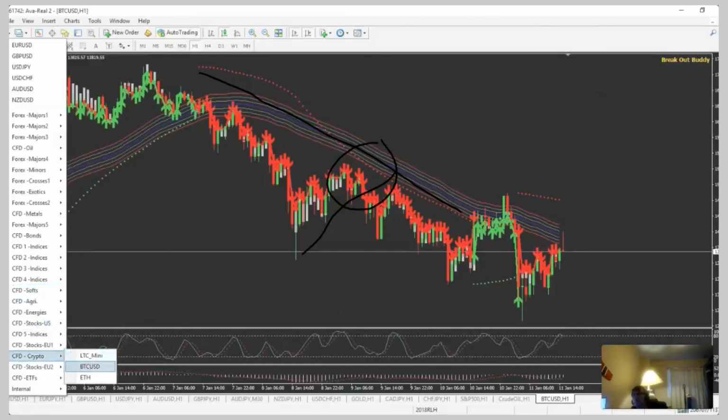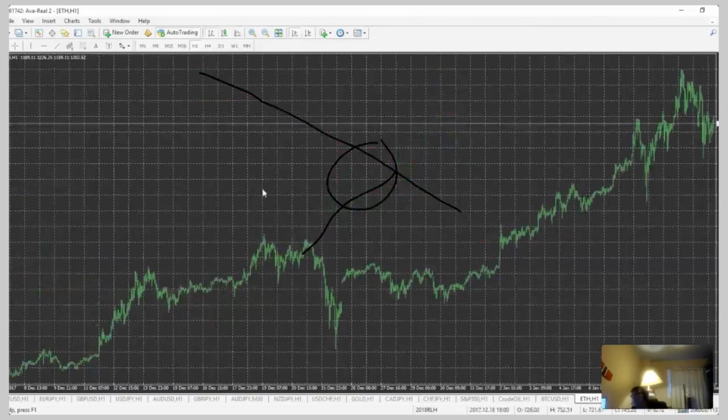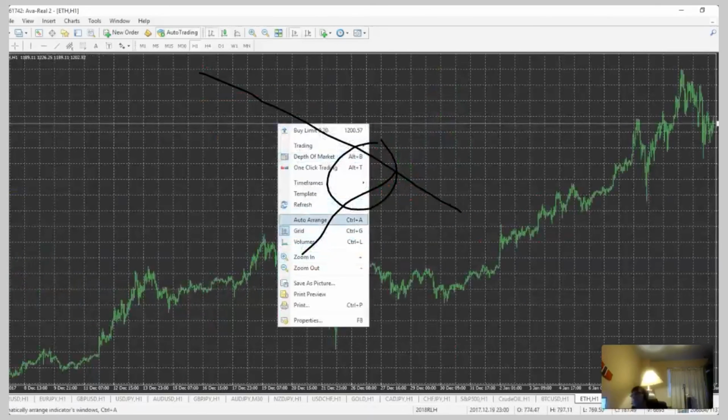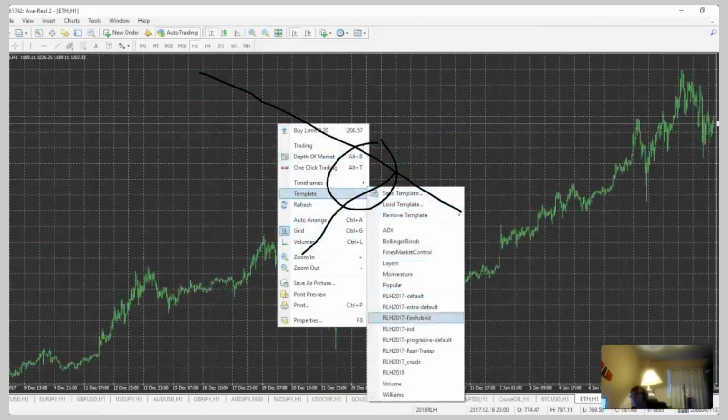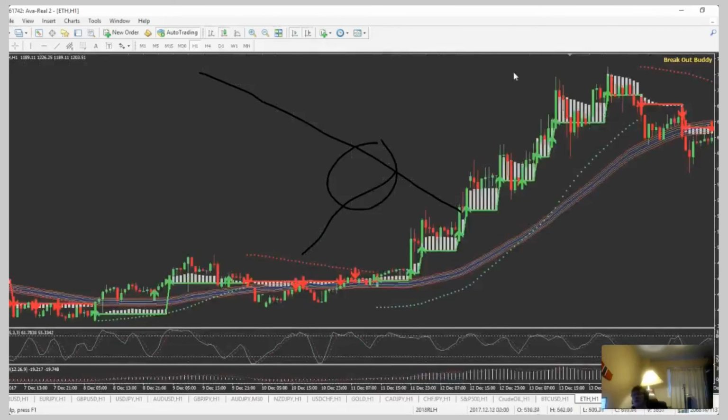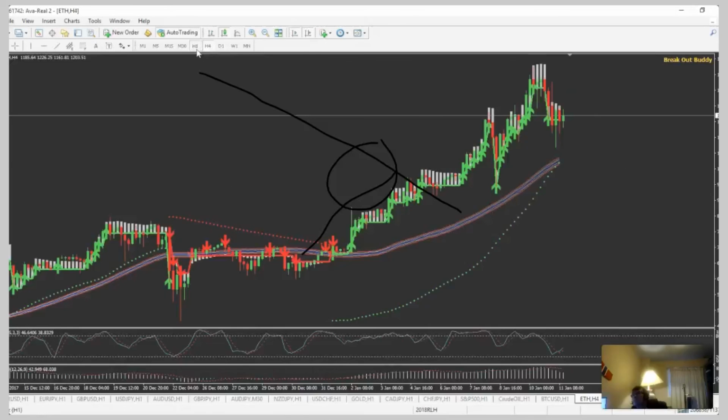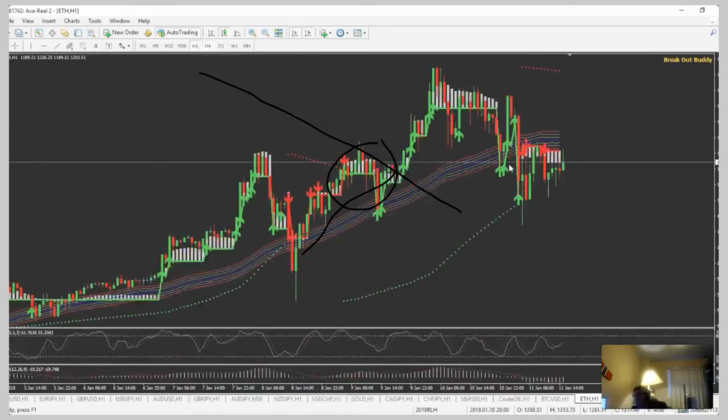Okay, Ethereum. Again, this needs some tuning. Another wicked downtrend here.